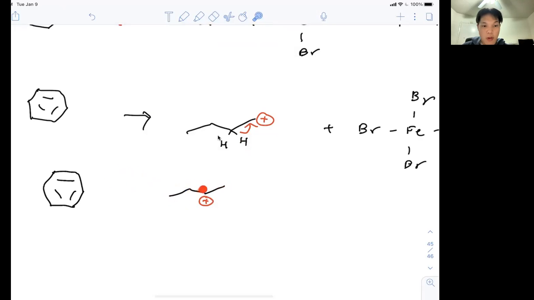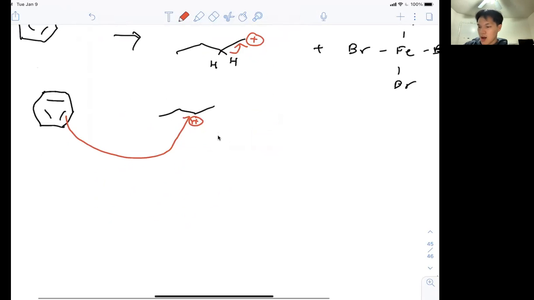We have a carbocation, and we also have our benzene here, which can attack, and it will attack that carbon, right? So we get something like this. I'm going to put it on the bottom. So we have, I think, 1, 2, 1, 2, and then, yeah, I think that looks right.